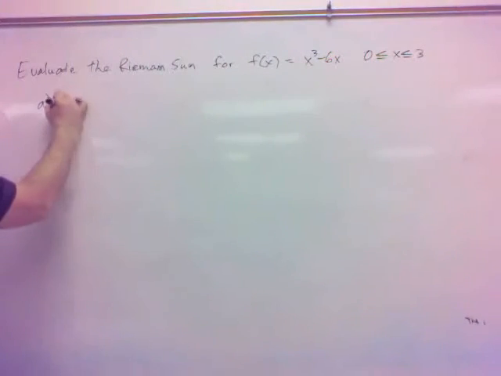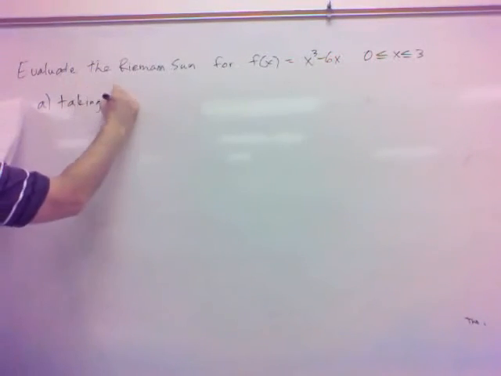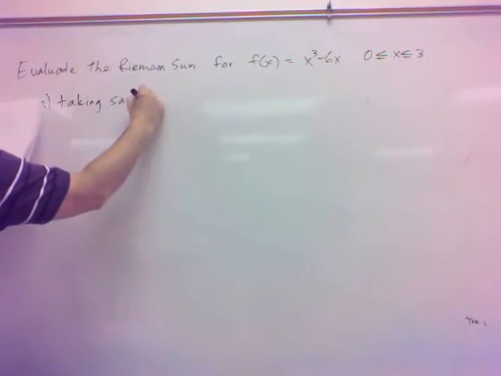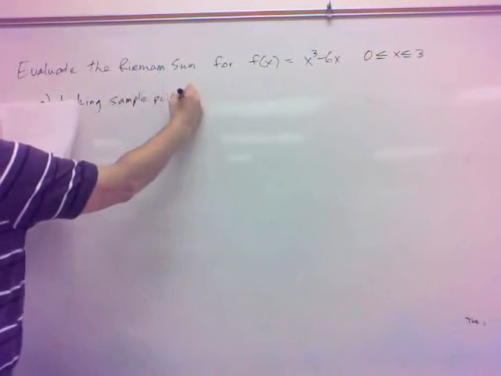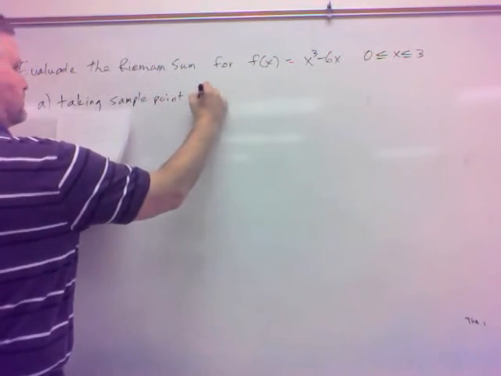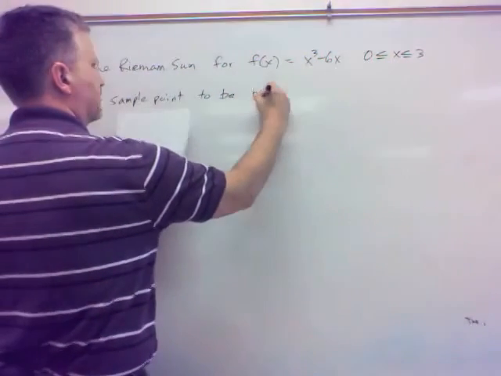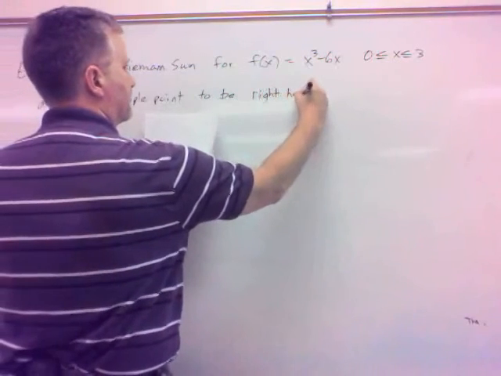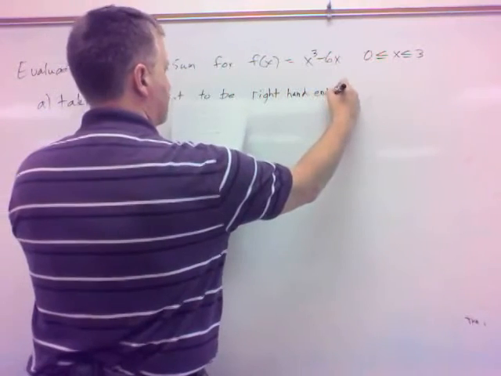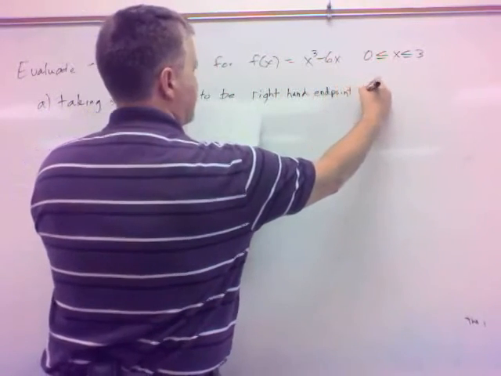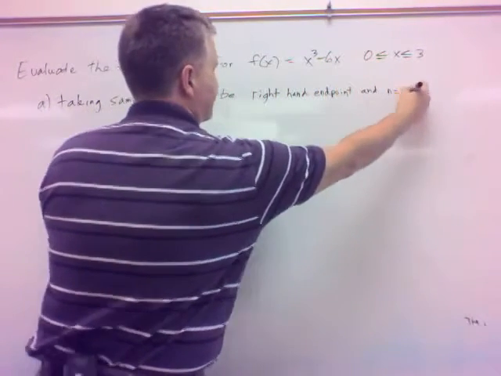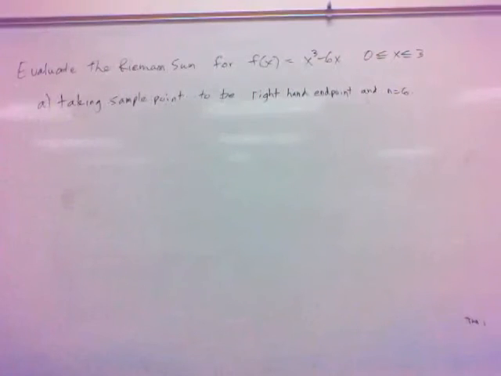A, taking sample points to be right-hand endpoints. And n equals 6. All right, I say all that out so you'll know. I think that's what they kind of do in the book.